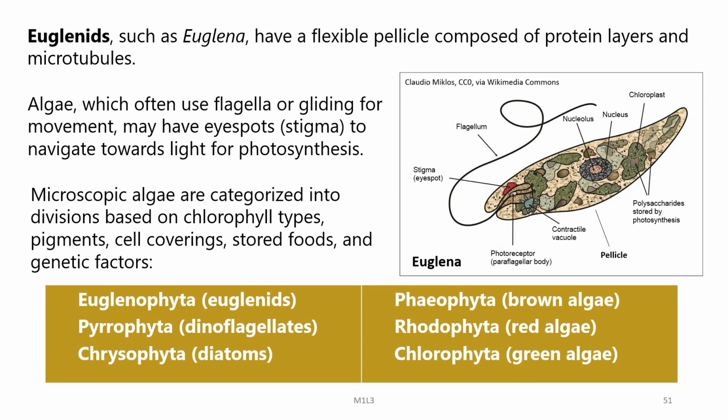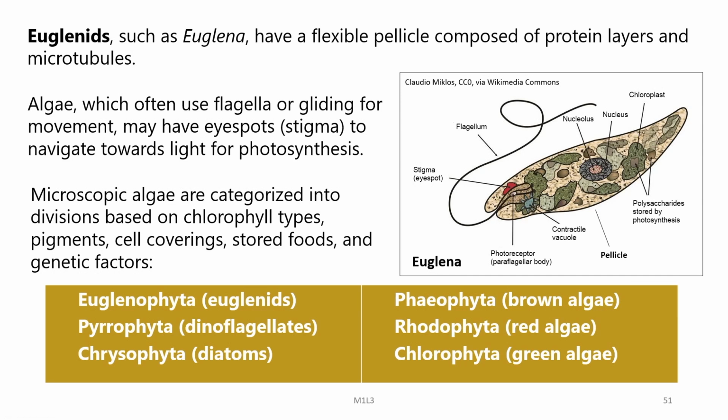Euglenids such as Euglena have a flexible pellicle composed of protein layers and microtubules. Algae, which often use flagella or gliding for movement, may have eye spots, or stigma, as you can see over here, to navigate towards light for photosynthesis.